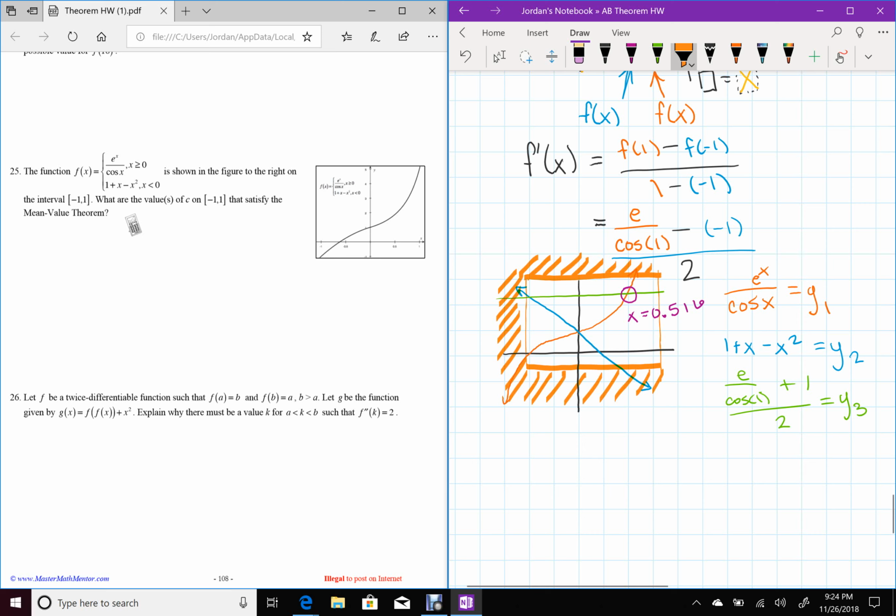Okay, so now when I tell it to calculate this intersection, second calculate 5, second trace, and then 5. I'm going to say that my first curve is the y2, the blue curve. My second curve is my y3, the green one. I'm going to tell it to guess, and then it's going to think about it.